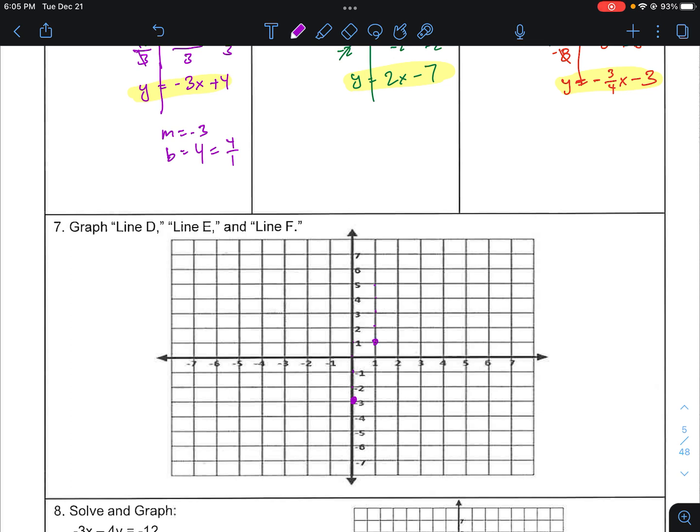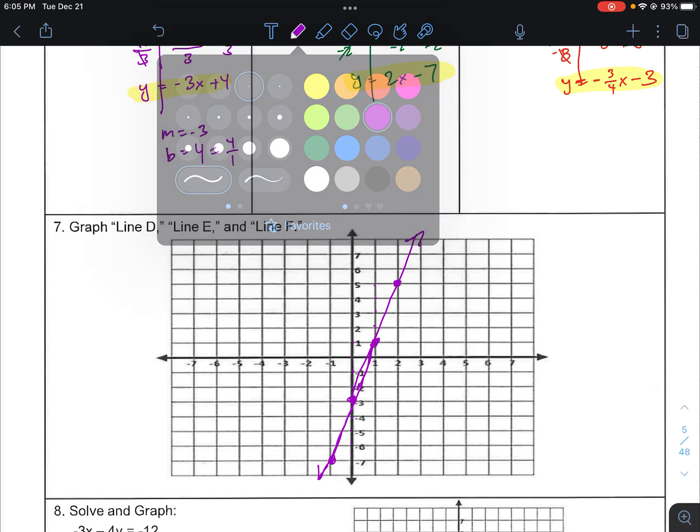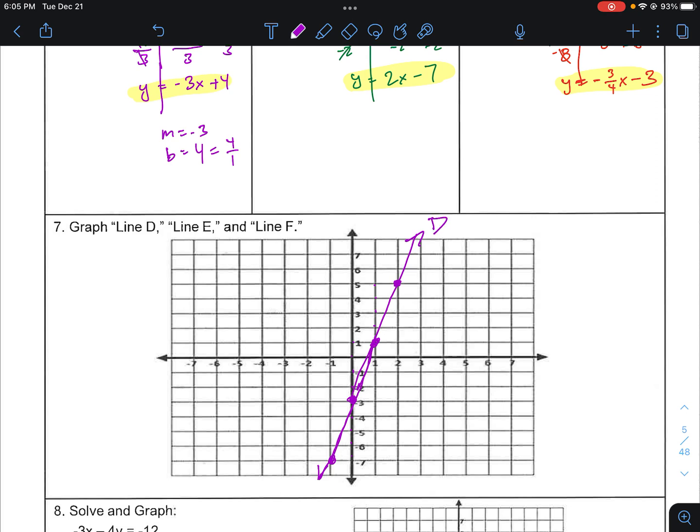Up 4 again, over 1, and then I think I can go backwards 1, and there we go. If I had a ruler, it'd be nicer, but still good enough for now. Let's label it as line D.